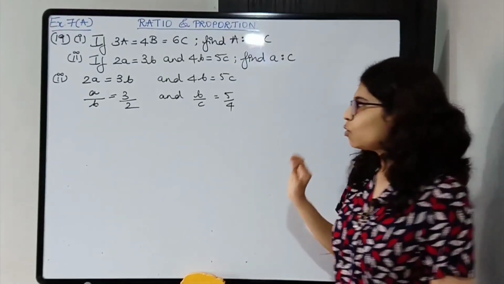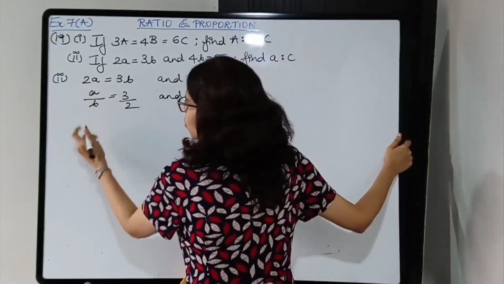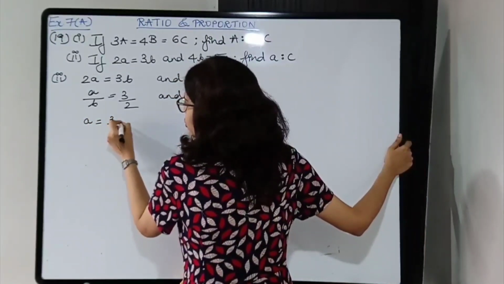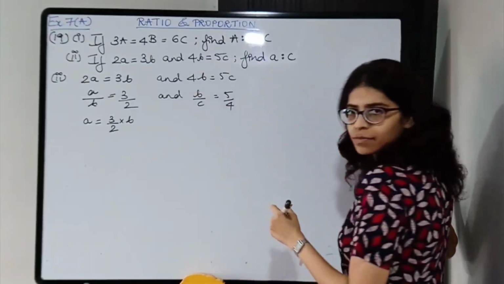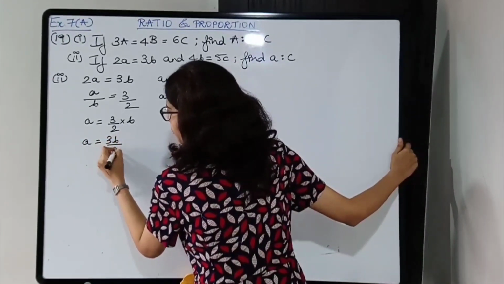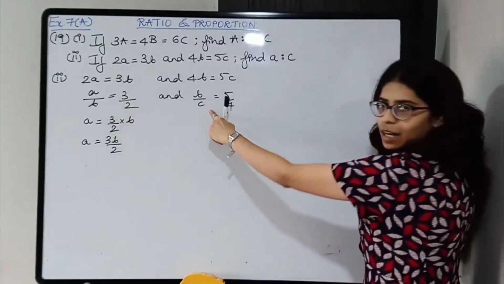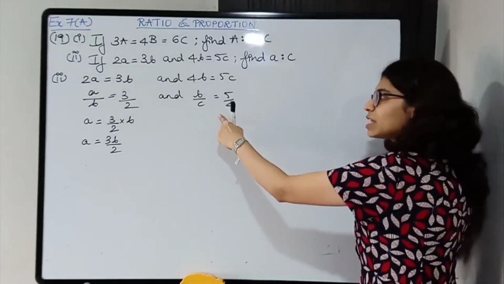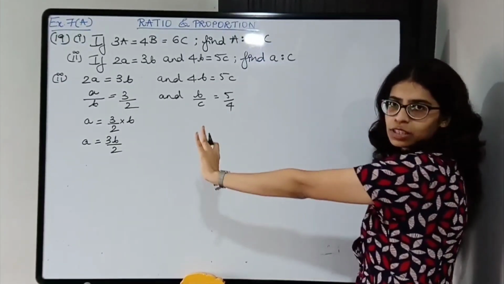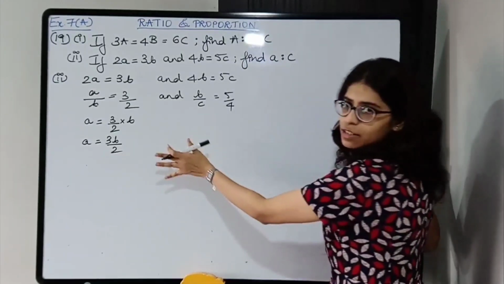Okay, so what you will do, a as it is रखते हैं. Okay, so a as it is, I can write it as 3 upon 2 into b, right? So a I expressed in terms of b because यहाँ पे b के साथ रेशियो है. सेम थिंग c का भी रेशियो b के साथ दिया हुआ है. सो सेम थिंग I'll do, I'll shift c on one side and everything else on the other side, जैसे यहाँ पे किया. Okay, a on one side and everything else on the other side.